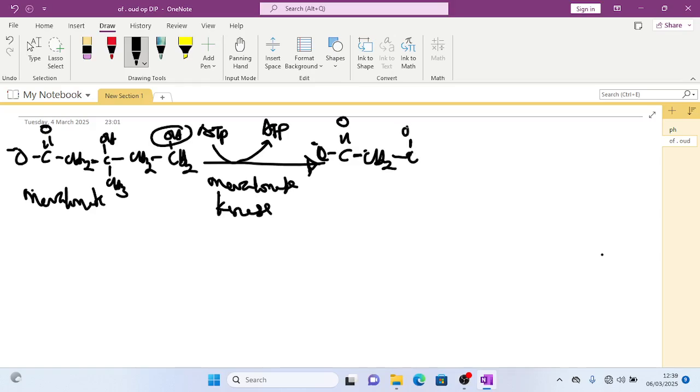So we get this product here. This oxygen here is binding to a phosphate group.